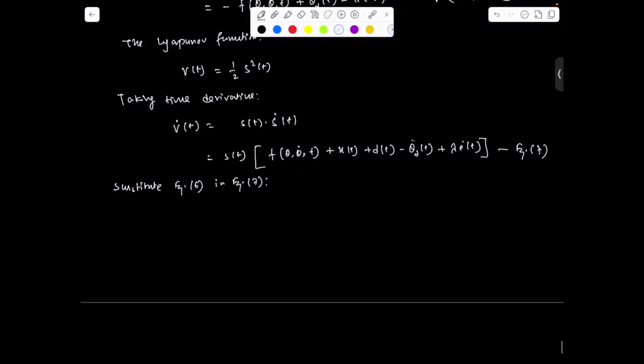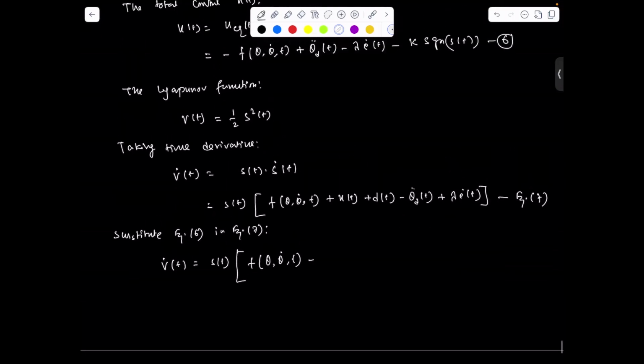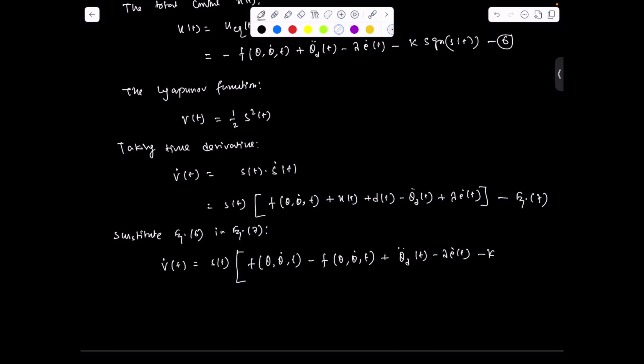we have V dot t equal to s of t times f theta dot t, plus, it should be minus f theta dot t plus theta dz double dot t minus lambda e dot t minus k sgn s t.